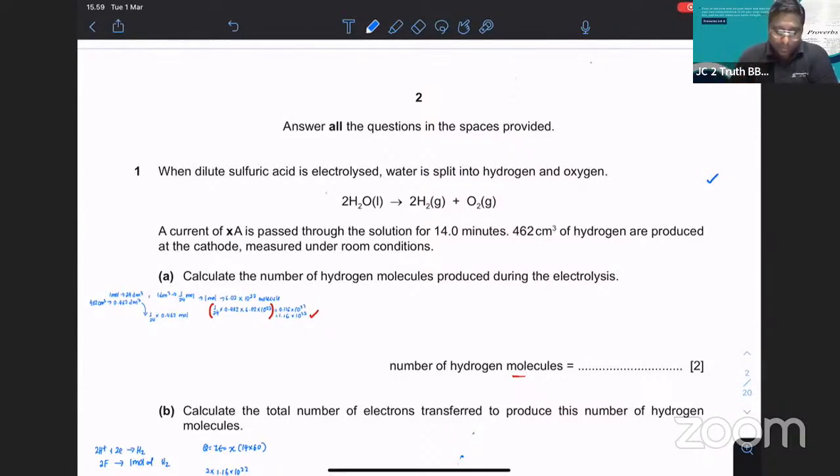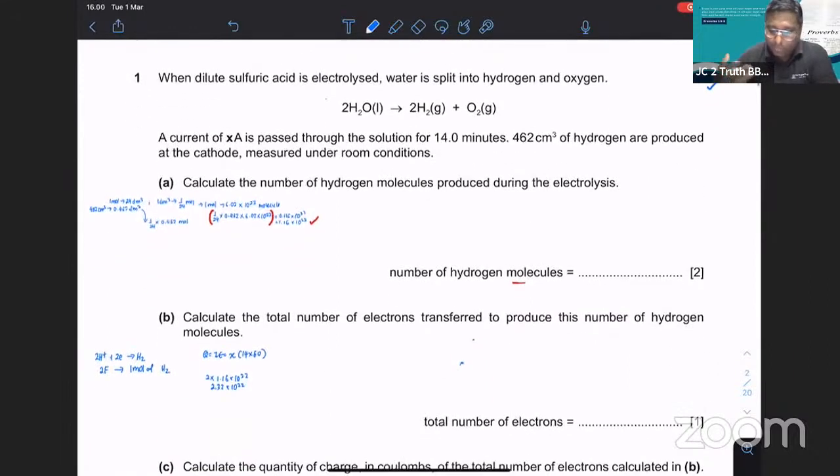For example, they say to calculate the number of hydrogen molecules produced during this electrolysis, and they have given you this cm cube of hydrogen, so no need to worry about electrolysis. You can just know that 1 mole contains 24 dm cube, and here you have 0.462 dm cube.